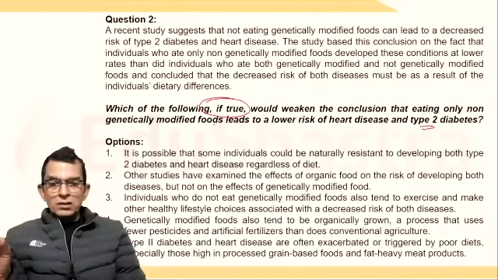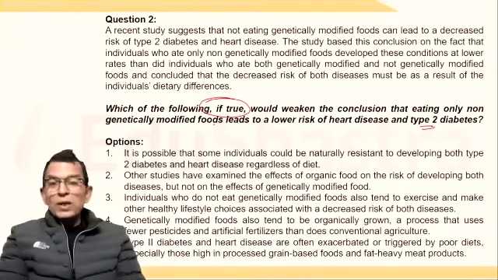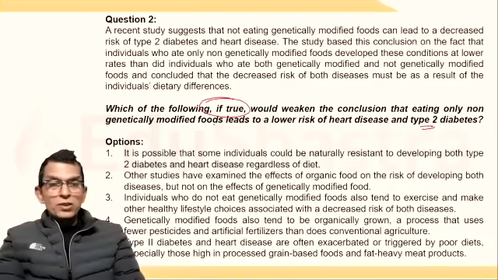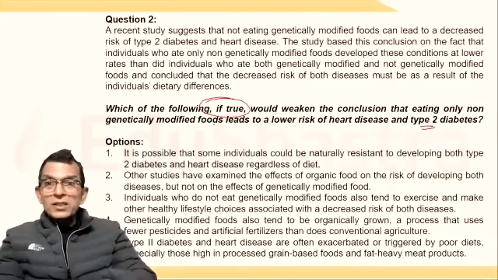I don't want to argue that by eating non-genetically modified foods you get diabetes. My argument has to be that by eating non-genetically modified foods, I don't get diabetes. The fifth says I get diabetes.